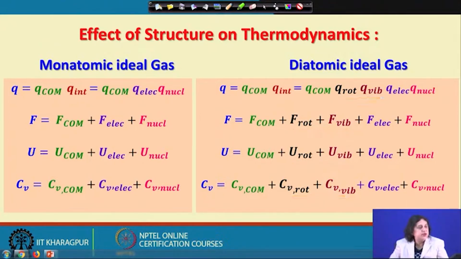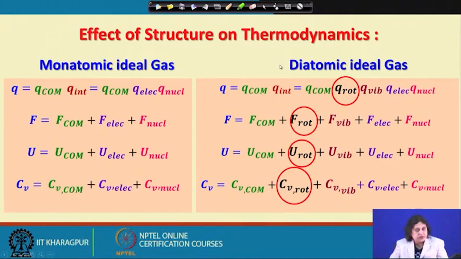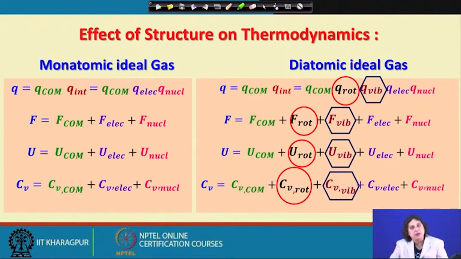And as a result, the presence of these two extra terms, for example, q rot, gives the corresponding extra terms in each of the thermodynamic properties that we have shown here. Similarly, the presence of q vib leads to this vibrational contribution to each of the thermodynamic properties that we see.